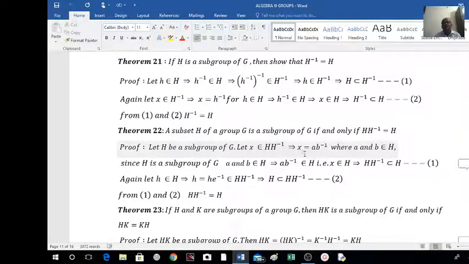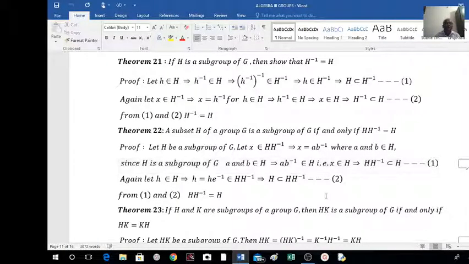It is nothing but x. So x belongs to H. I have taken x belongs to HH inverse and finally proved that x belongs to H. This proves that HH inverse is a subset of H. I will take this as 1.